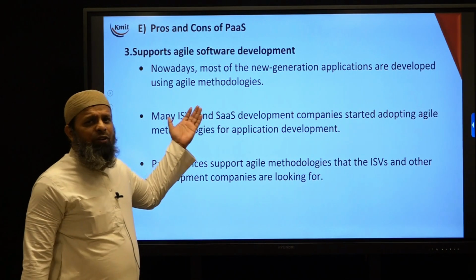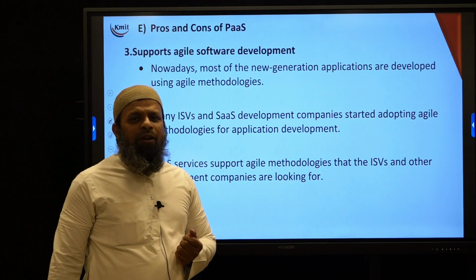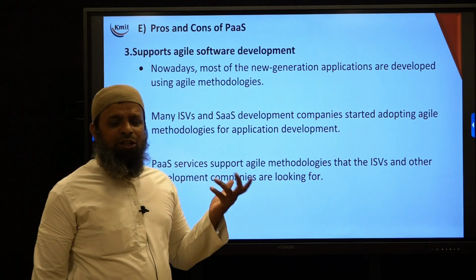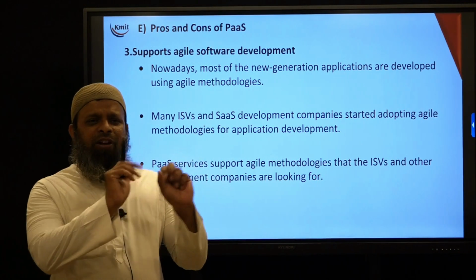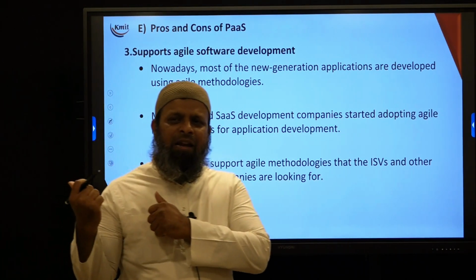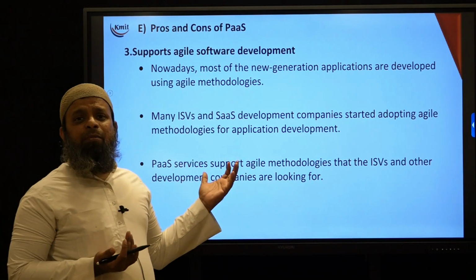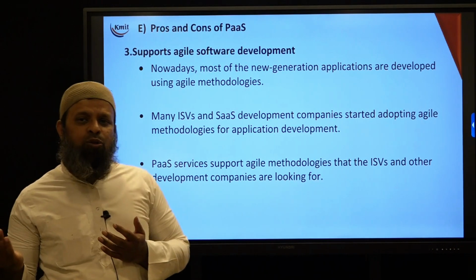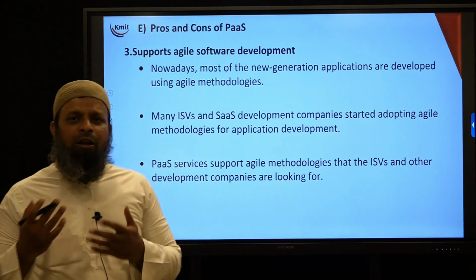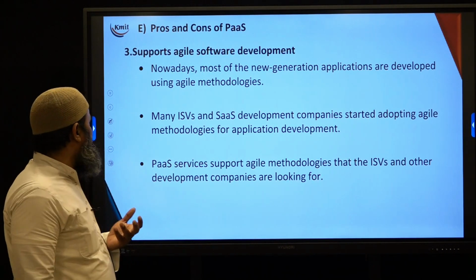The next advantage: supports agile software development. As I have said, agile technology is nothing but everybody doing everything. Like in traditional software development, a few persons are fixed for the front end, a few for the back end, and some other people work on connectivity. Here, everybody will be doing everything. The person who is doing the front end will do the back end as well. That way the development time comes down, and the application is developed in a faster way.